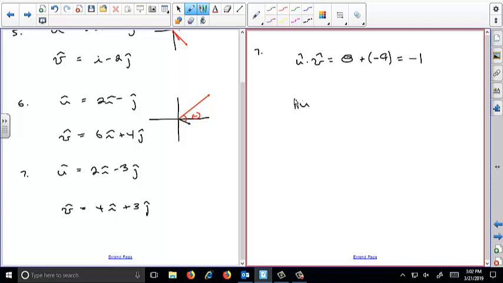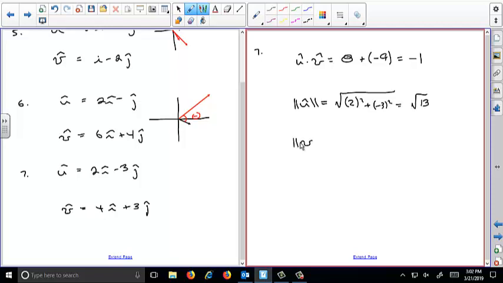And the magnitude of vector u is going to be equal to the square root of 2 squared plus negative 3 squared. So that's 9 plus 4 is 13, so you get the square root of 13.